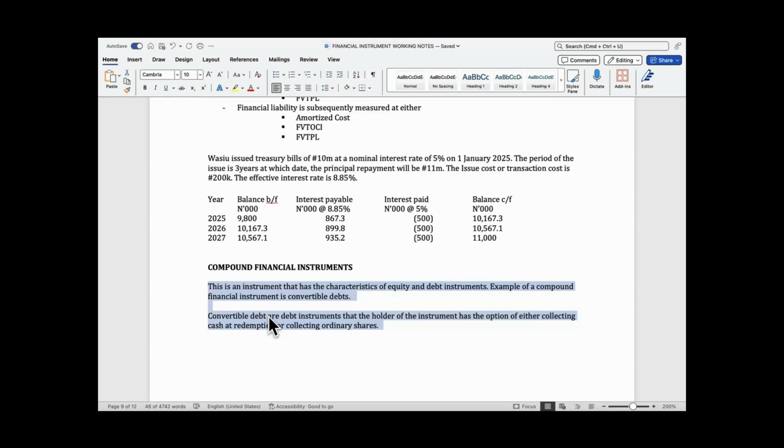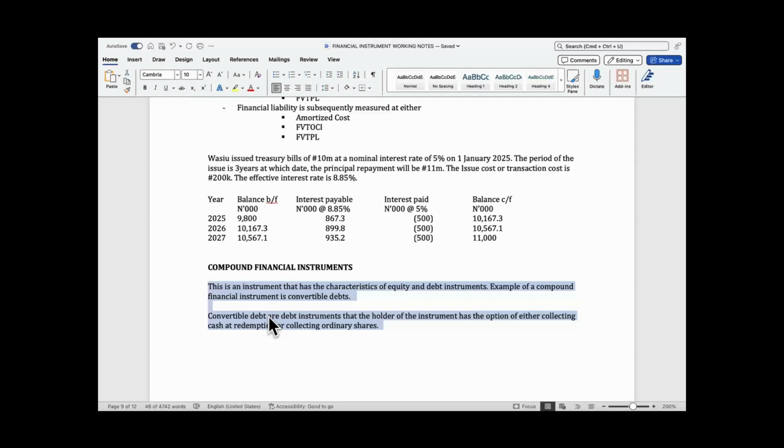But in this case, we don't even know whether the investor is going to collect cash or shares, because the mode of redemption is at the option of the investor. It's the investor that will decide how he wants to do it.